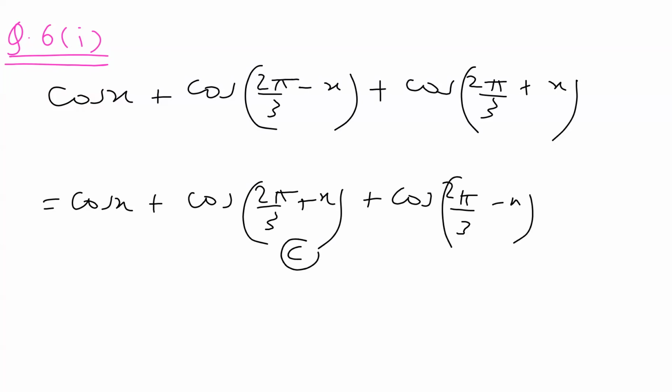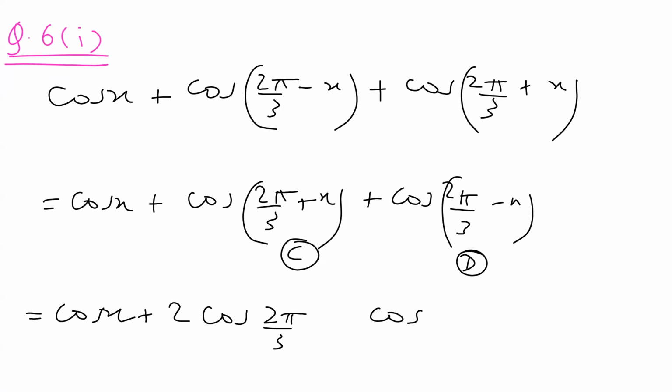Okay, so this is C and this is D, cos x plus 2 cos. Cos C plus cos D is 2 cos C plus D by 2, so 4 pi by 3 divided by 2, which is 2 pi by 3, and C minus D by 2, 2x upon 2, which is equal to x.